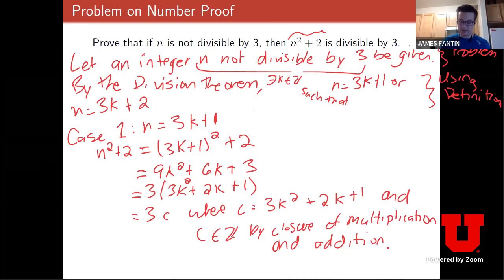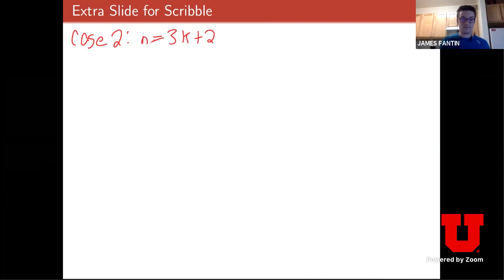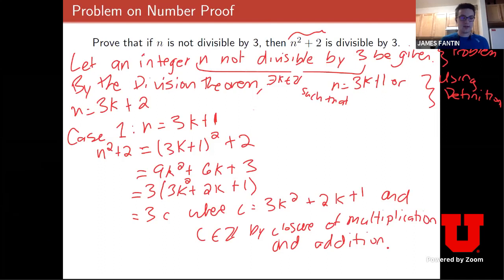You'll see that if you go through the algebra, there's a spot where you can factor 3 out, then you can show it's divisible, and then you just need to write a final statement at the end saying, therefore it's true that if n is not divisible by 3, n squared plus 2 is divisible by 3. And that would wrap up the rest of that problem. I'll just leave that as an exercise for you all to work through and get a little bit of practice. It'll be nearly identical to how case 1 worked out.